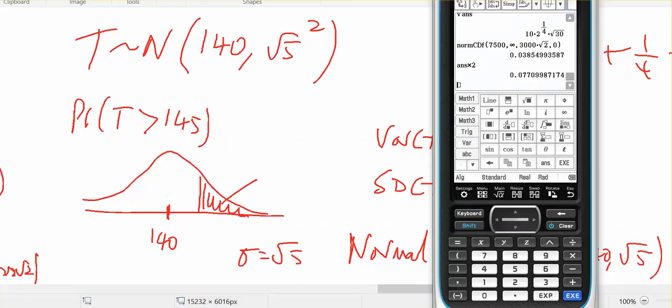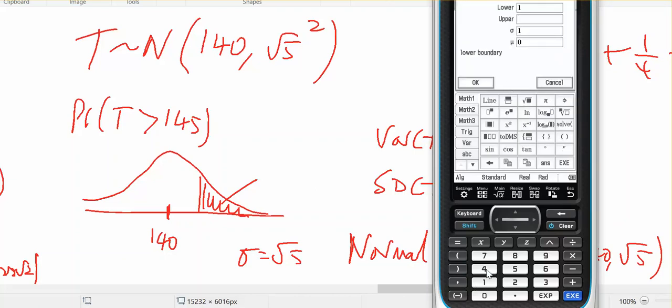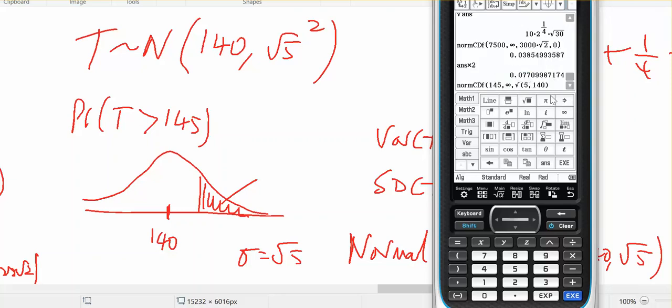And I come up with interactive distribution, continuous, normal CDF, 145, upper is infinity, my standard deviation is √5, and my mean is 140. And I go OK. And correct number of arguments. What have I done? I put all of that in there by mistake.